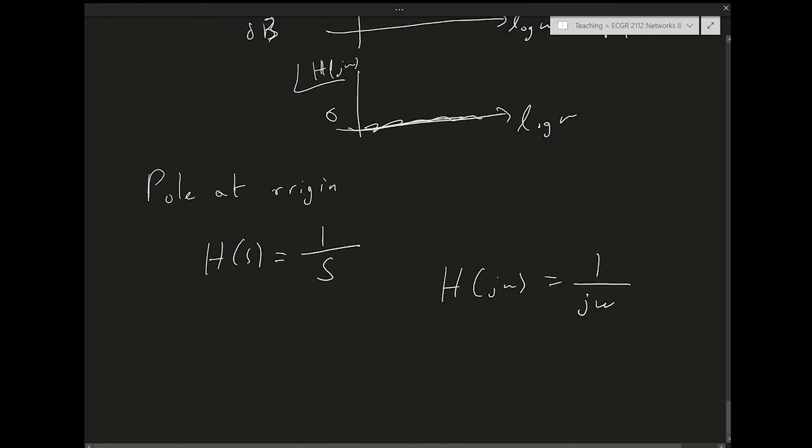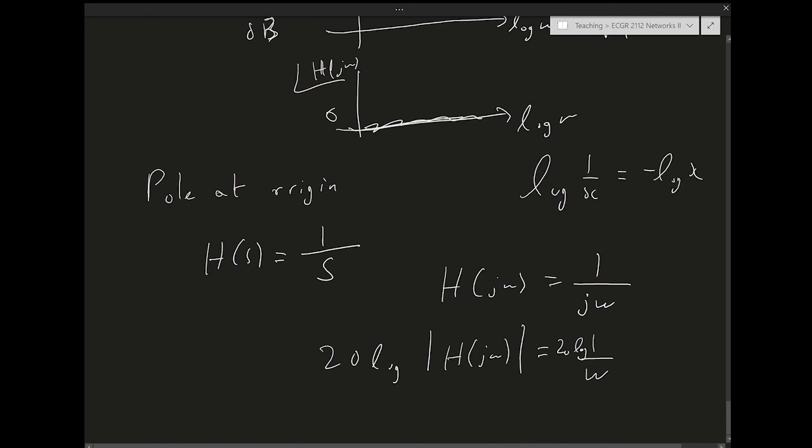That's what this is. The magnitude of H(j omega) is just simply 1 over omega, right? We want to take 20 log. What's log 1 over x? That's minus log x, right?